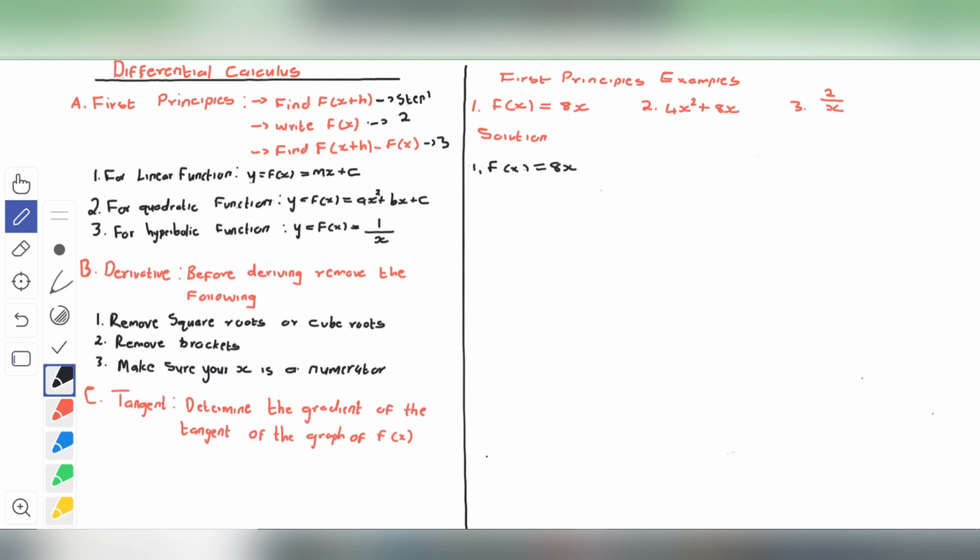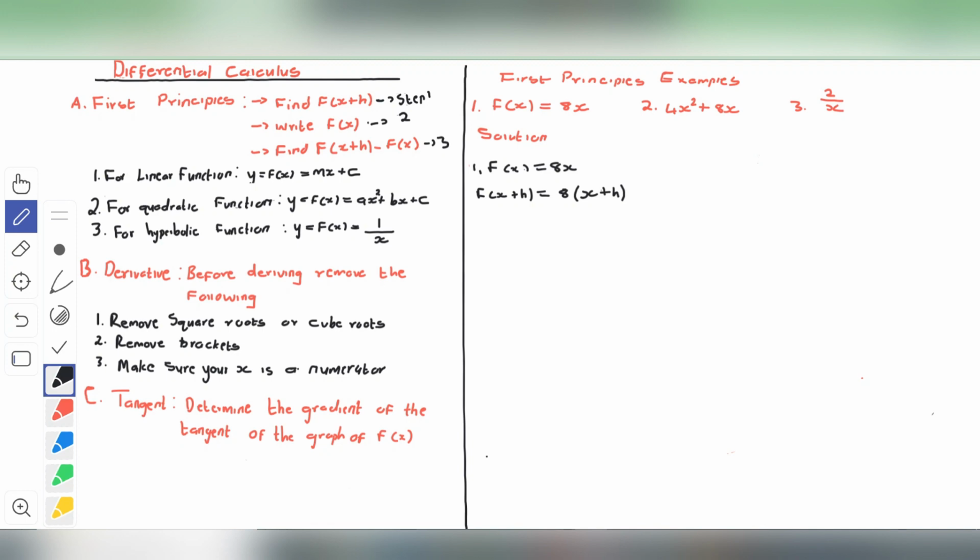So the first step says what? Find f of x plus h. So we're going to write f of x plus h, right? It's going to be 8 into, where we see x always, we're going to replace it with x plus h.